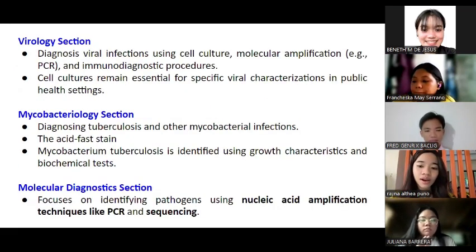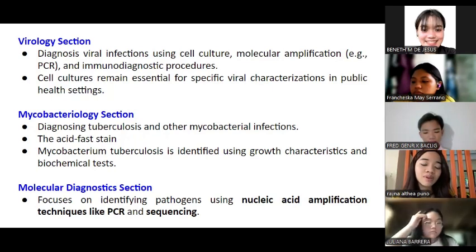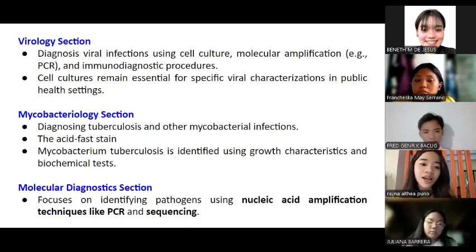So for the virology section, diagnosing viral infection using cell culture, molecular amplification, for example PCR, and immunodiagnostic procedures.